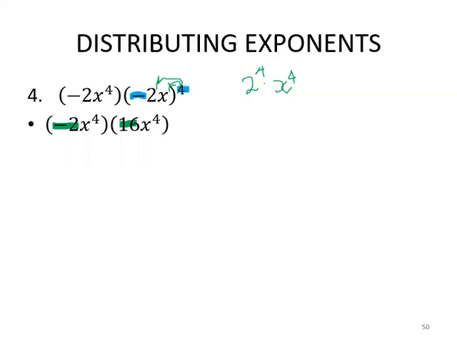What about the x's though? X times x, we need to add the exponents, so it'll be 4 plus 4, so x to the exponent of 8. So your answer will be negative 32x to the exponent of 8.